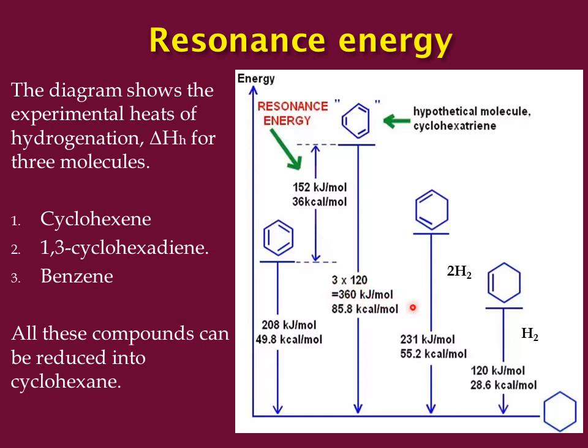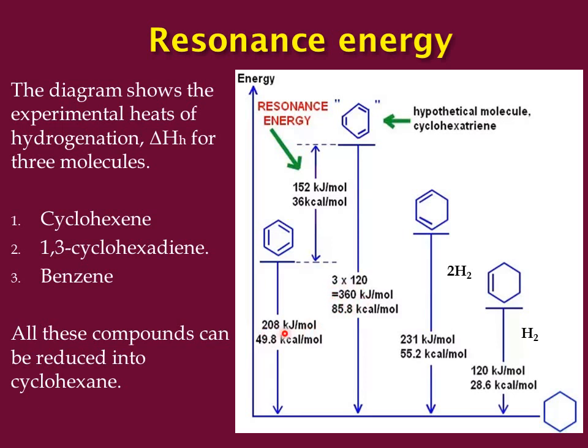Now students, we have a cyclic structure for benzene having 3 double bonds, just like the hypothetical compound that we have assumed. Now the experimental value for heat of hydrogenation of benzene comes out to be only 208 kilojoules per mole, and the theoretical calculation is 360 kilojoules per mole, but the experimental value is 208.